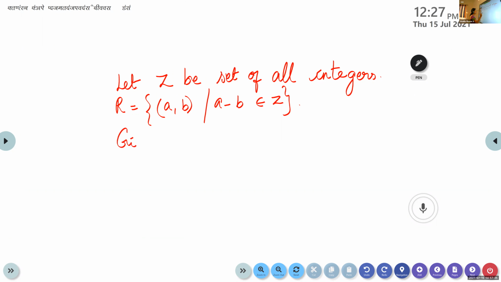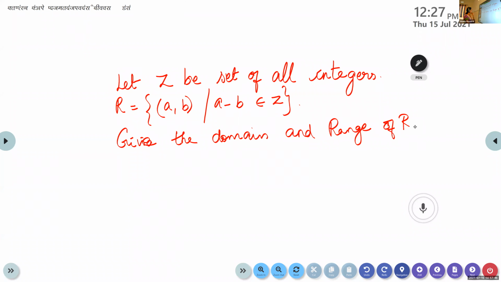Give the domain and range of R. What is the domain and range of R? Okay, yeah. Z is the set of all integers.